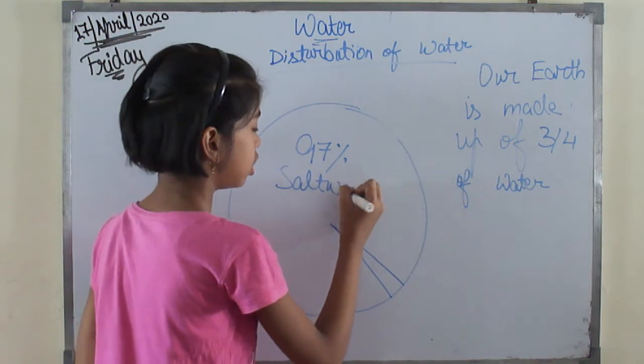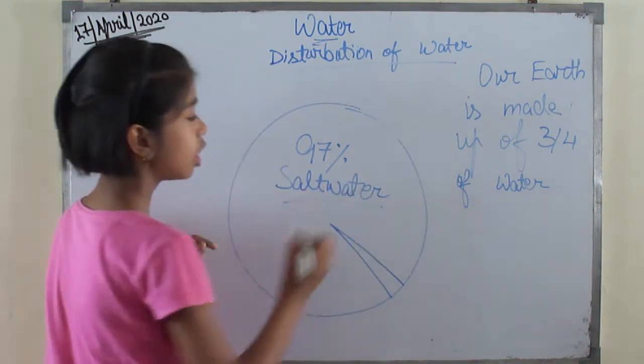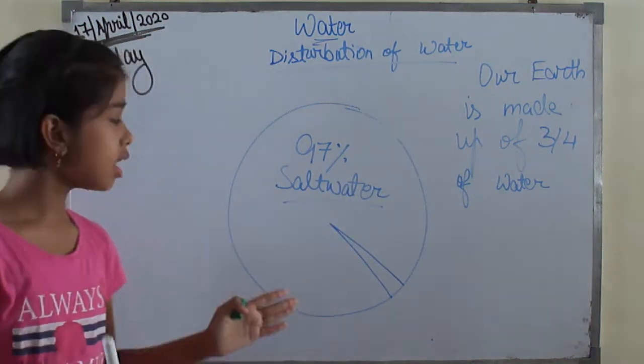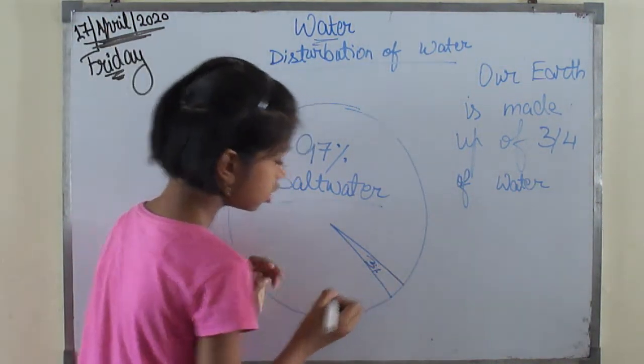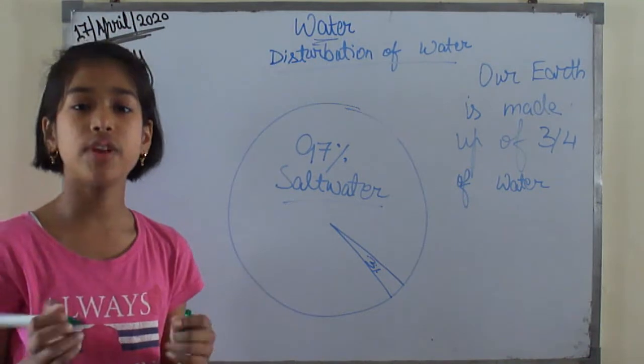It's salt water. It is 97 of them, and the remaining 3% of water is fresh water.